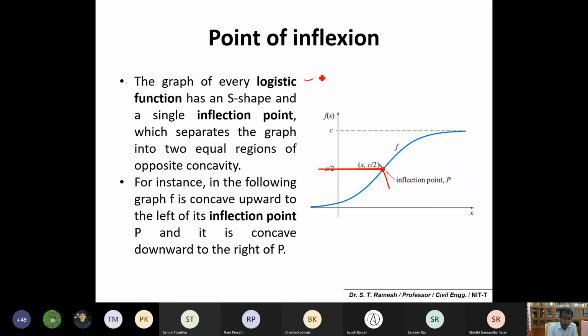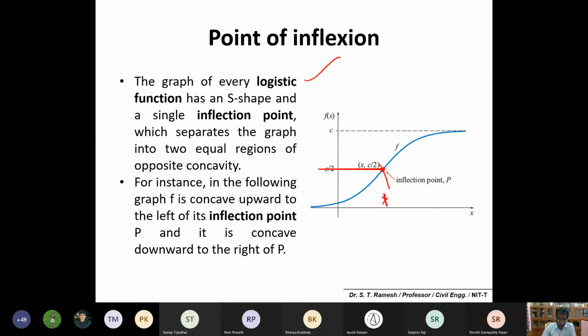So the graph of every logistic function has an S shape with a single inflection point, which separates the S-shaped graph into two equal regions of opposite concavity. Please remember, this is important.